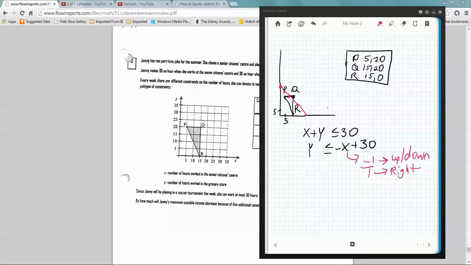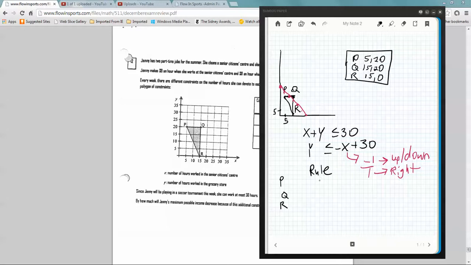Okay. And so you notice this new constraint affects the profit that Jenny can make. So let's take a look at what her profit really is. So we look at creating a table by putting the points P, Q, and R, putting the rule.